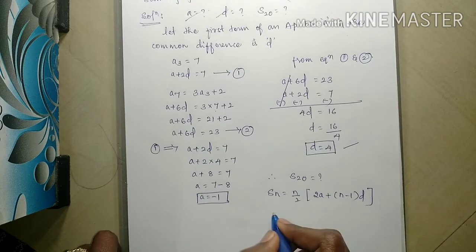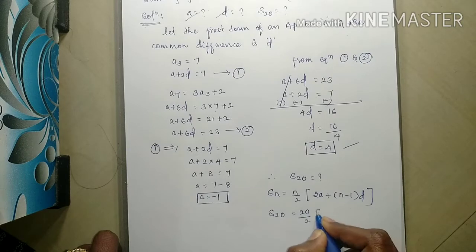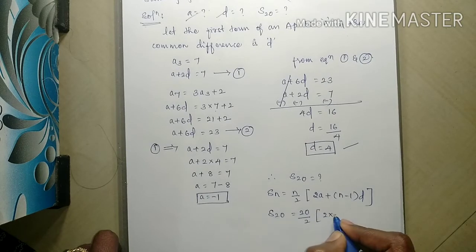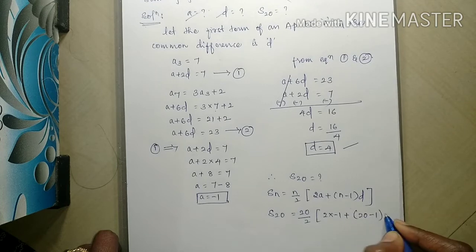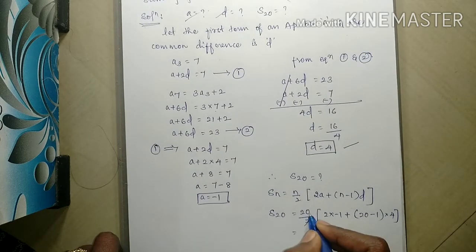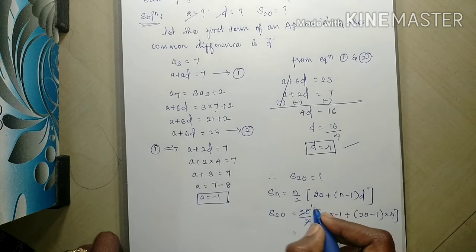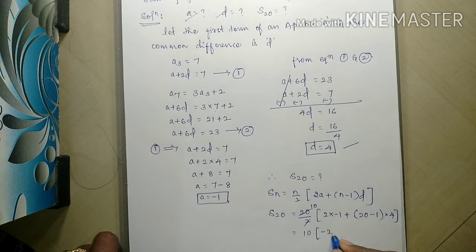Now S20 is equal to 20 by 2 of 2 into a, which is minus 1, plus (20 minus 1) into d, which is 4. So now 20 by 2 is 10 into 2 times minus 1 is minus 2 plus 19 into 4.